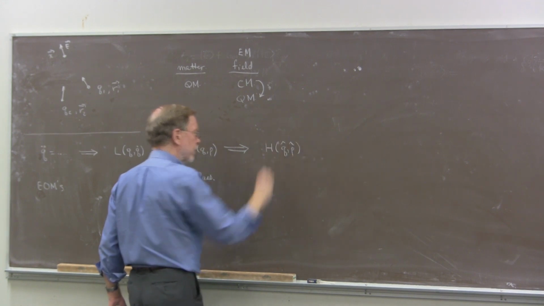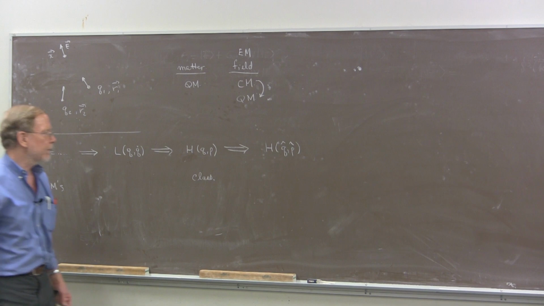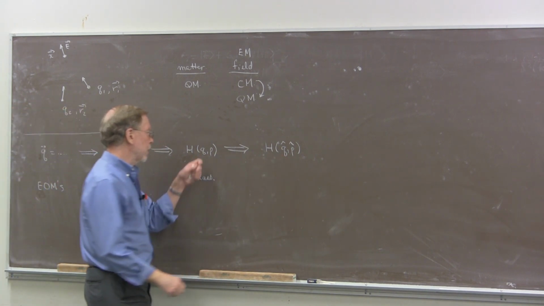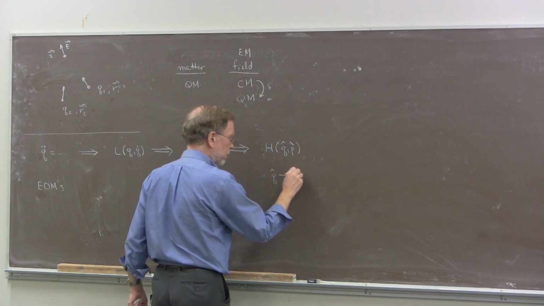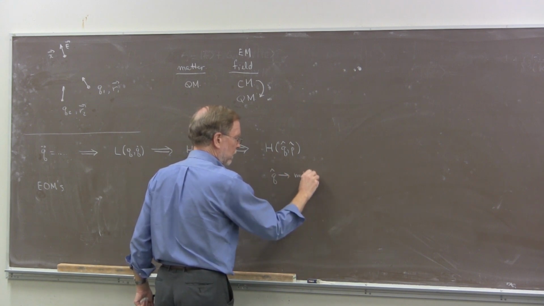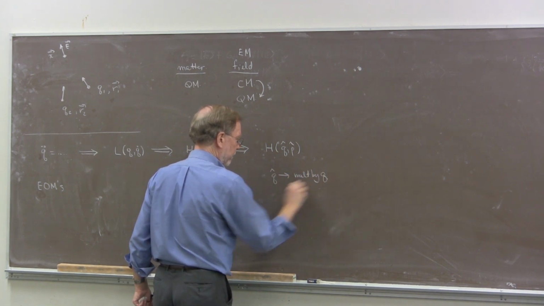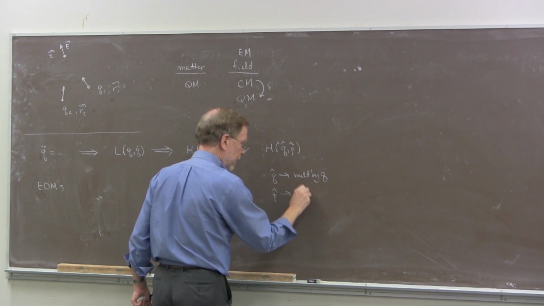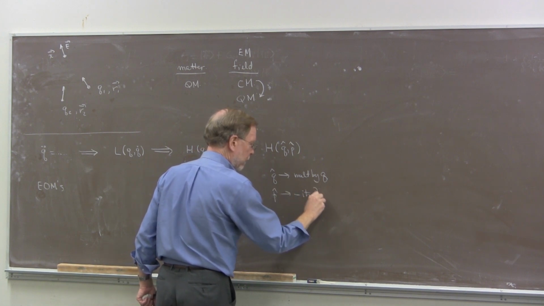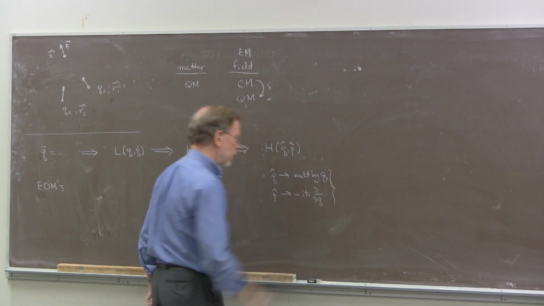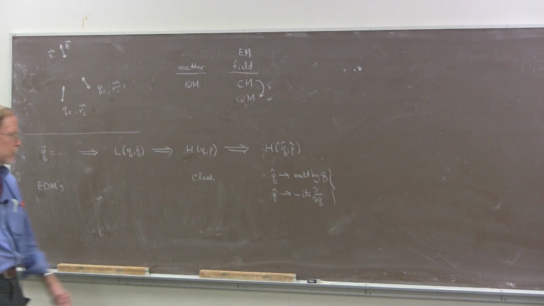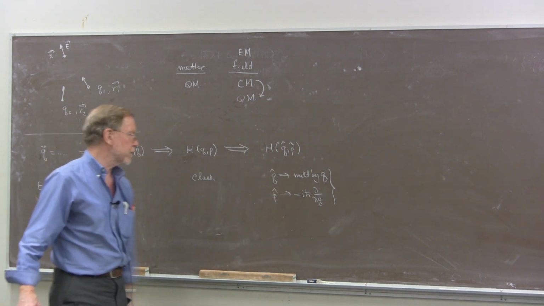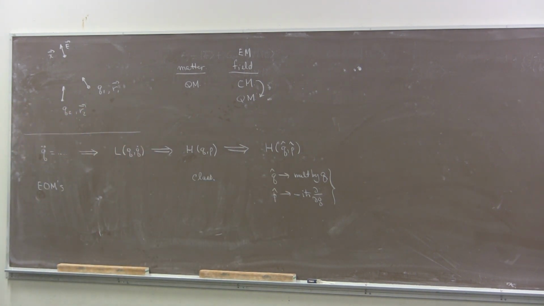I'll indicate that by putting hats on them. For example, the q hat can be seen as multiplication by q. When we write it out, q hat goes over into multiplication by q, and the p hat goes over into minus i h bar d/dq. This is a representation of the canonical commutation relations, or the Heisenberg-Born commutation relations, in terms of operators.